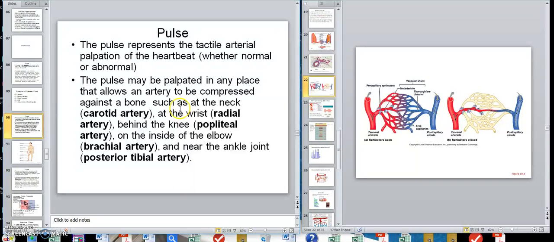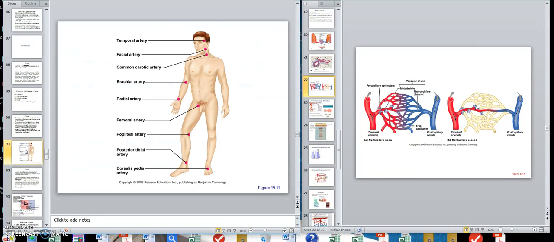Okay, when we look at the pulses, let's just talk about some locations, some you may not be as familiar with. If you take your hand and lightly put it up on the temple, that's the temporal artery. That's the pulse there.